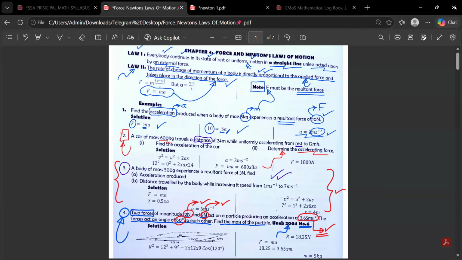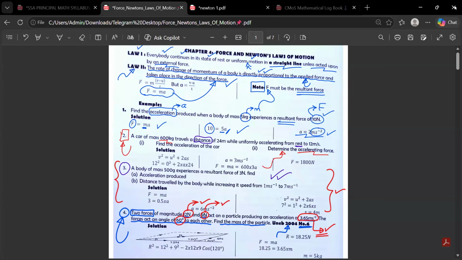The question is saying determine the resultant accelerating force of a truck of mass 1 ton.